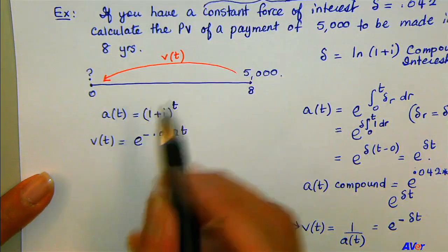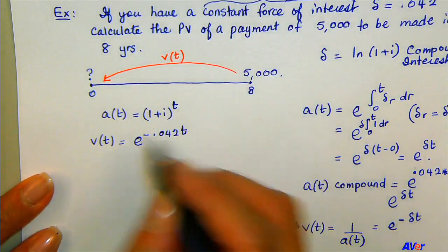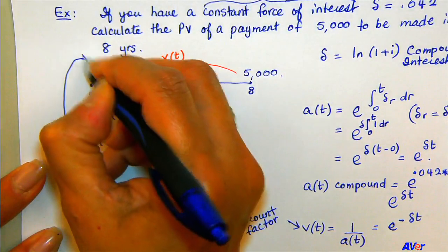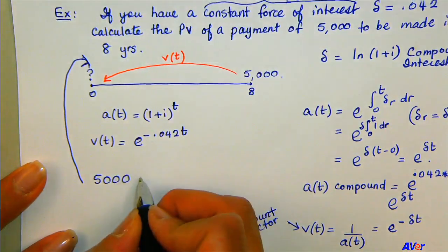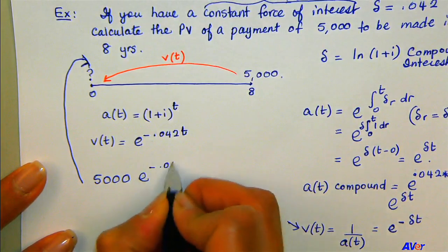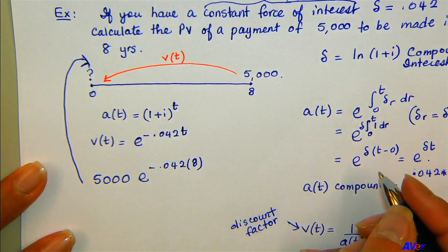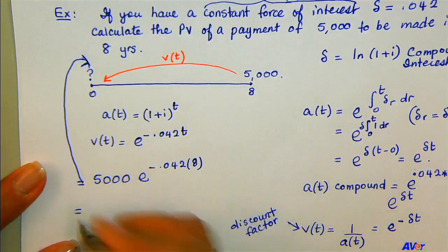I also need a 5,000, deal with the 5,000. So this amount right here at time 0 is equal to 5,000 times e to the minus 0.042 times 8. Can you get me a number, please, so we can wrap up this problem properly?